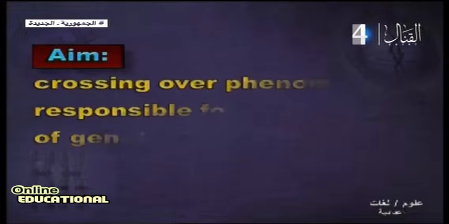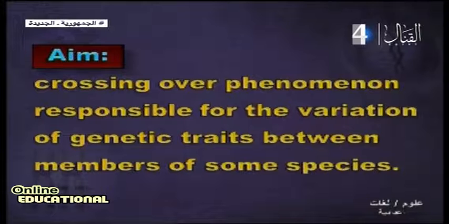Aims or importance: the crossing over phenomenon is responsible for variation of genetic traits between members of the same species. So again, the importance of this phenomenon, which is called crossing over, is causing variation in genetic traits between members of the same species.